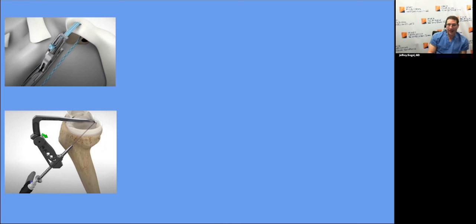So again, many people will have meniscal tears. Once the meniscus is torn, that tissue is not functional. So the other question that patients often ask is, well, if we trim out the meniscus, am I more likely to get arthritis? And the answer is, once you tear the meniscus, you're more likely to get arthritis.